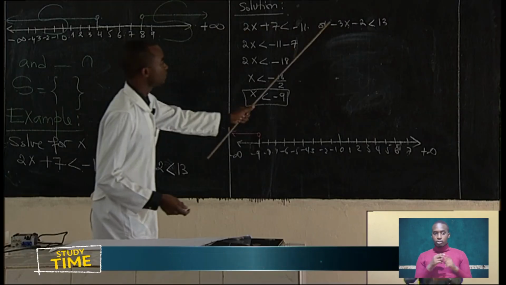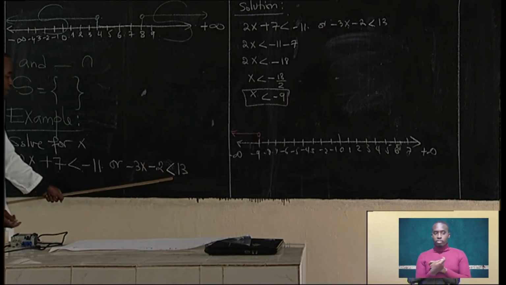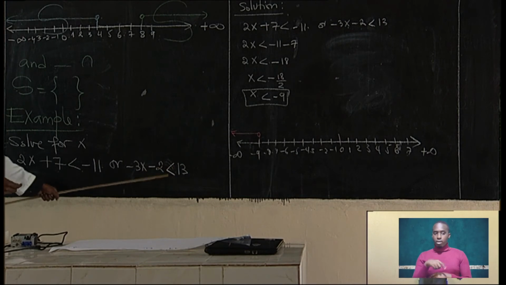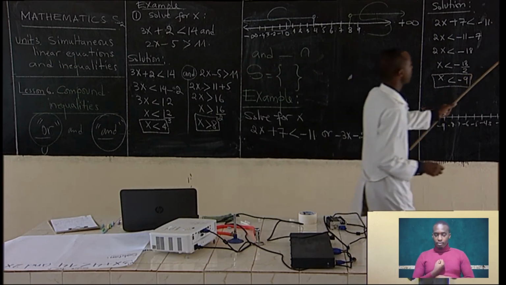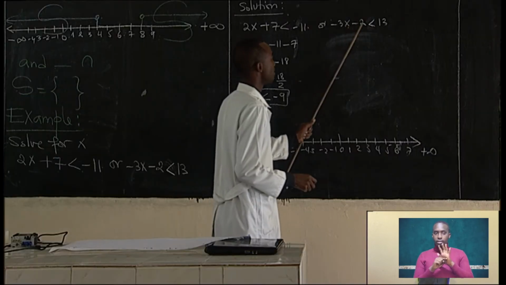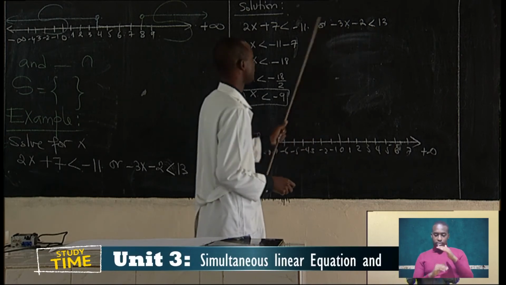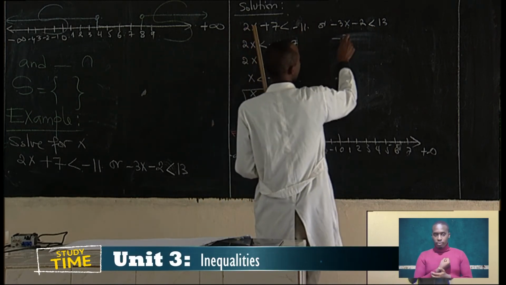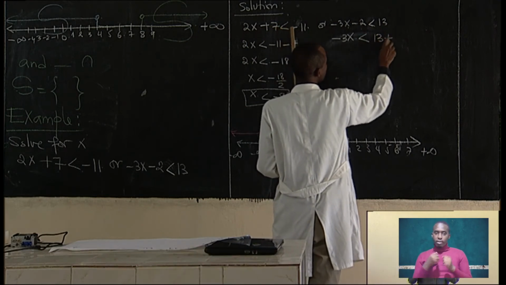Let's now solve the other side. We have changed the sign here. It was not supposed to be greater than, it is less than, so that it may fit with the example we have. Now we have negative 3x minus 2 less than 13. We work on this. Here you have 3x. When this one goes on the other side, we have 13 plus 2.